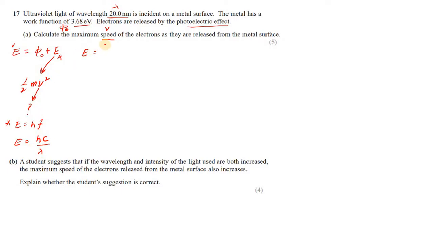E is equal to h, 6.63 times 10 to the power minus 34, into c, speed of light, 3 times 10 to the power 8, divided by wavelength 20 nanometer, times 10 to the power minus 9. So the energy of the incident photon will be 9.95 times 10 to the power minus 18 joule.